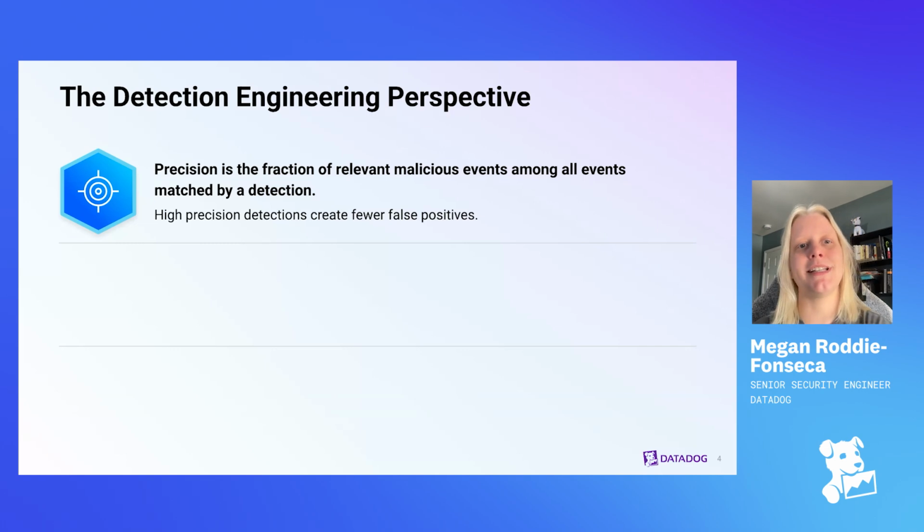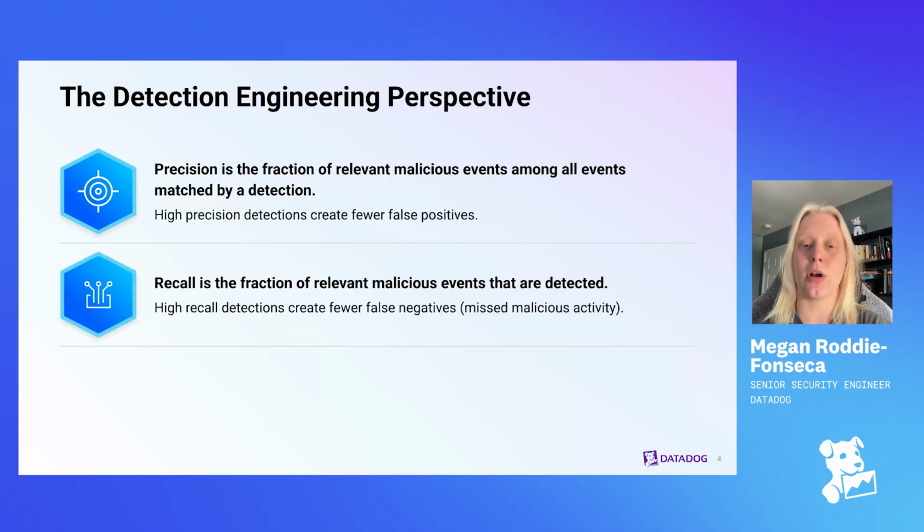We also want our detections to be high recall because recall is the fraction of relevant malicious events that are detected. So out of all activity, there's a subset of malicious activity, and the recall is how much of that malicious activity was detected. So high recall is fewer false negatives or less missed malicious activity.